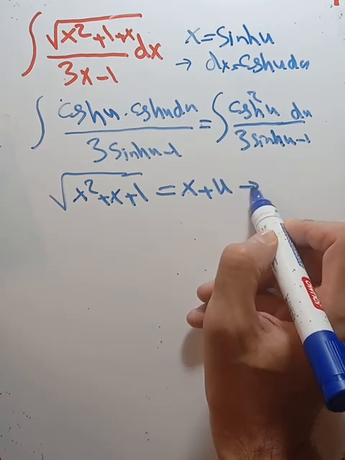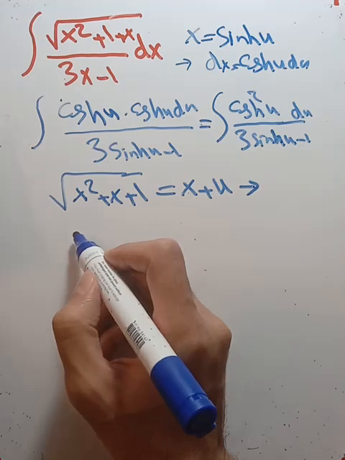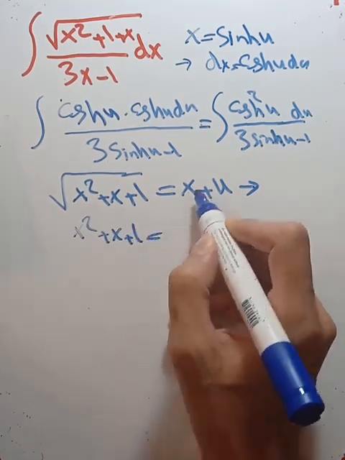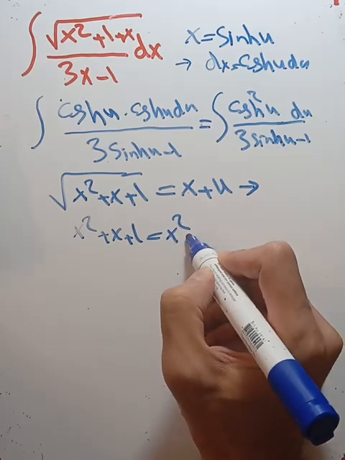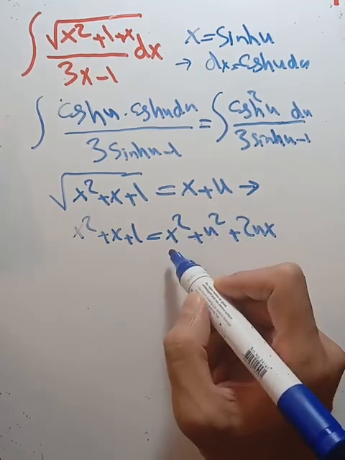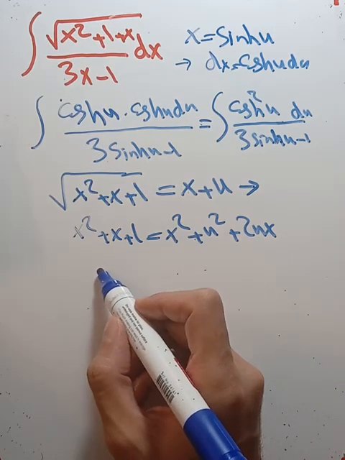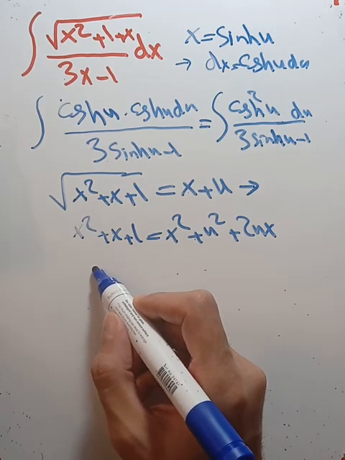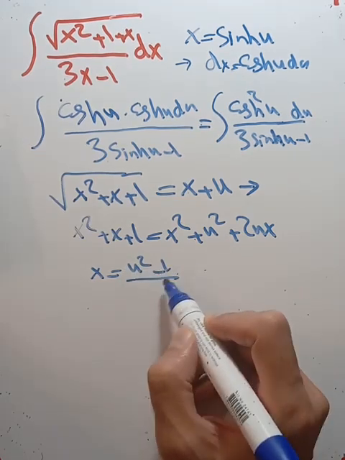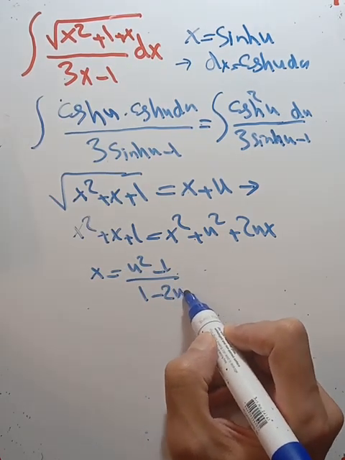Okay, and now let's square both sides. x squared plus x plus 1 equals this squared, which is x squared plus u squared plus 2ux. And from here x would be equal to u squared minus 1 over 1 minus 2u.